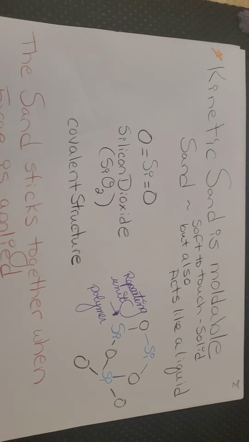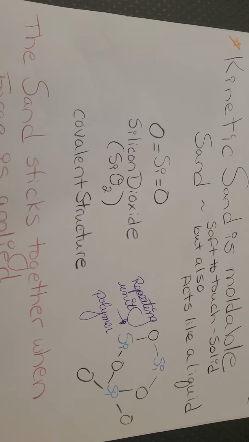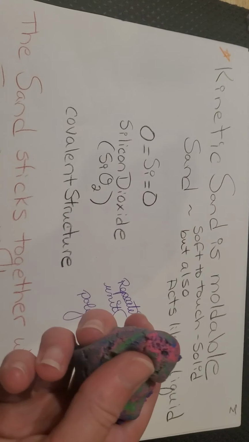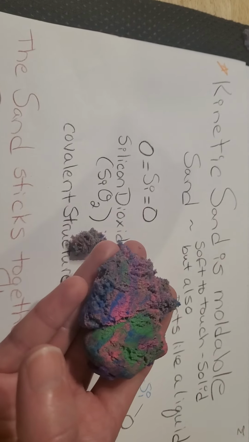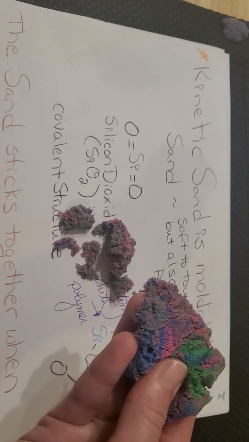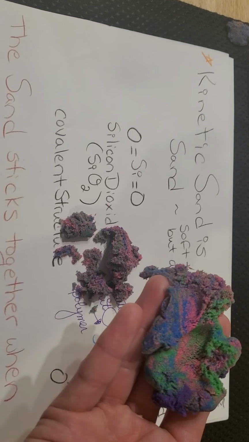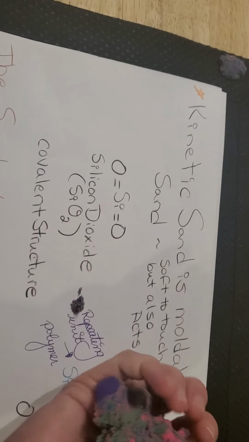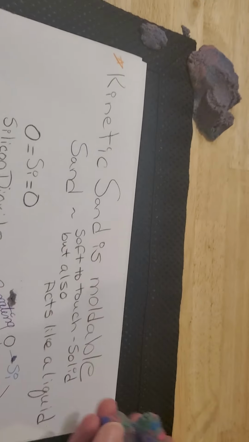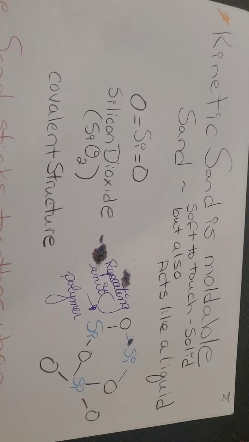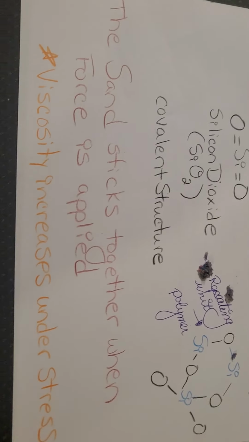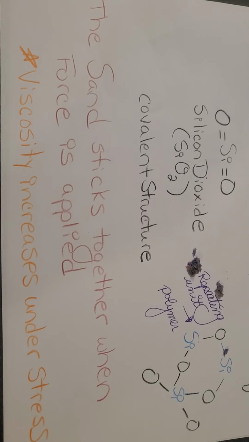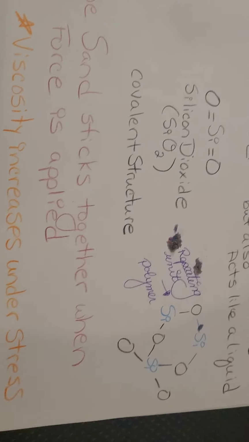Kinetic sand is moldable. It's soft to touch. It acts like a solid, as you can see, but it also acts like a liquid. It flows like a liquid. Basically, the kinetic sand acts this way because the sand sticks together when force is applied.